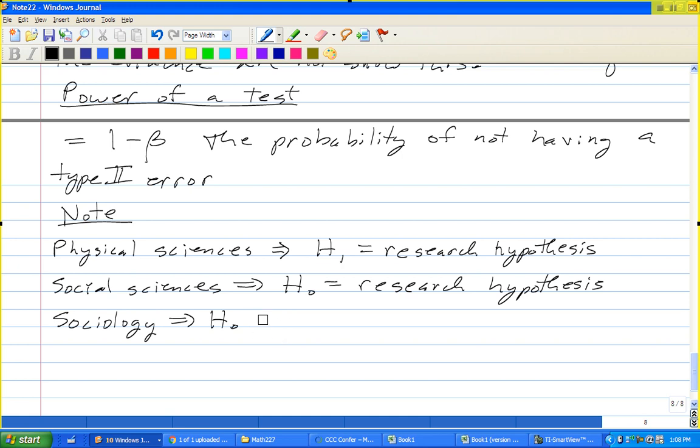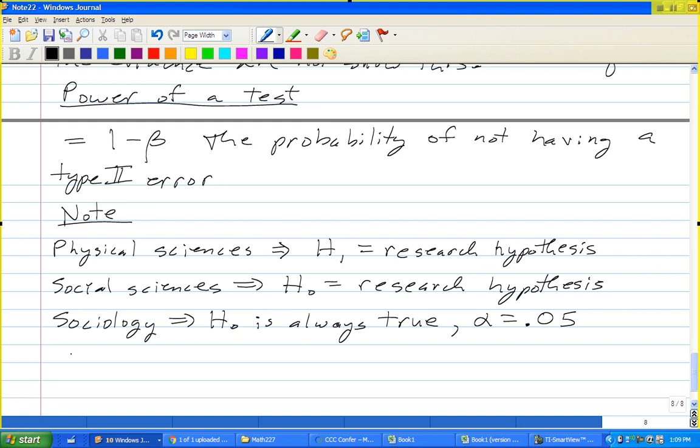So whatever makes the null hypothesis a true statement is your null hypothesis. So they look at their data, and sociologists are always true because they have stated their hypothesis so that whatever it is, they're always correct. So the null hypothesis is always true. And they always let the level of significance be 5%. Okay.